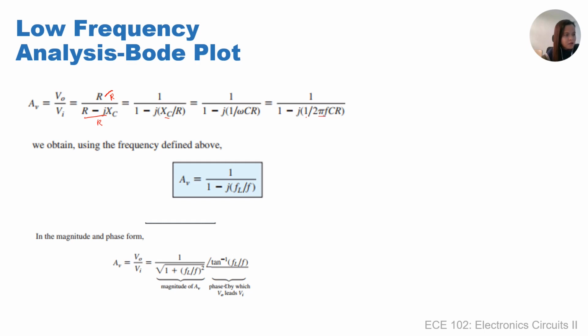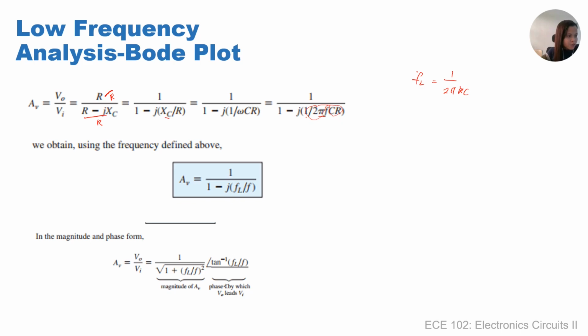So we have 1 over 1 minus j 1 over 2 pi f CR. Earlier in our discussion, FL is just equal to 1 over 2 pi RC. So this one here, not including the f, is just equal to FL.